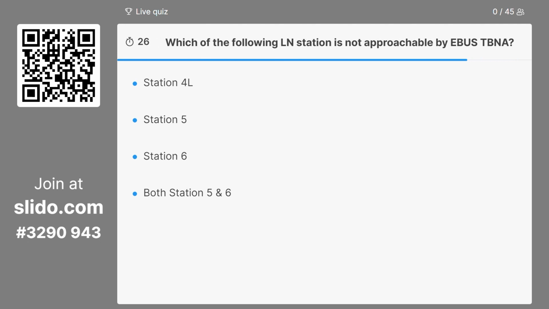Which of the following lymph node station is not approachable by EBUS TBNA? The 4L, the 5, 6, both 5 and 6.